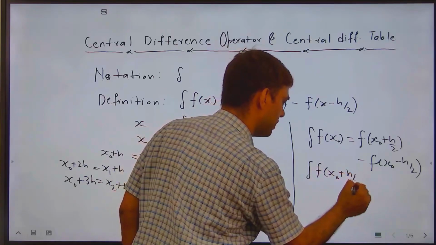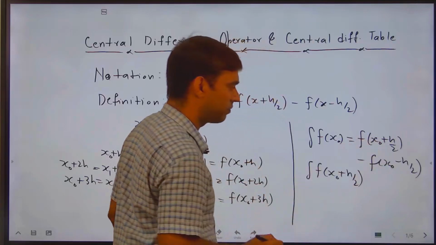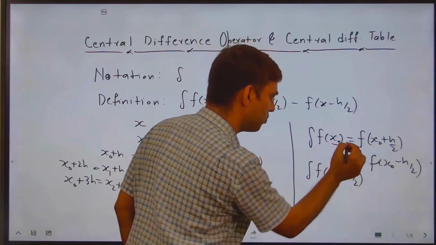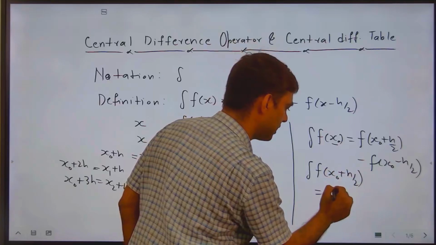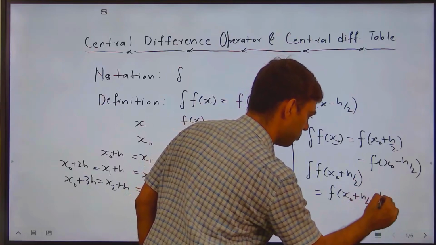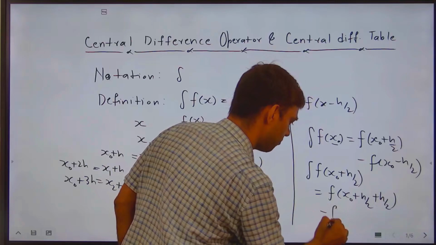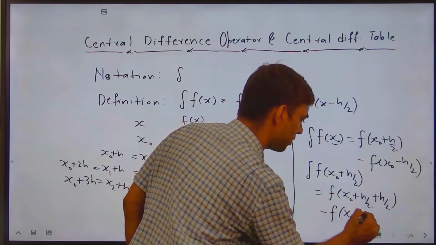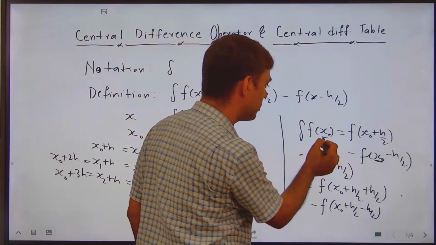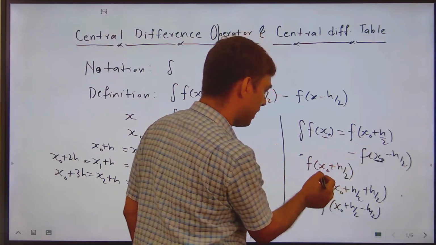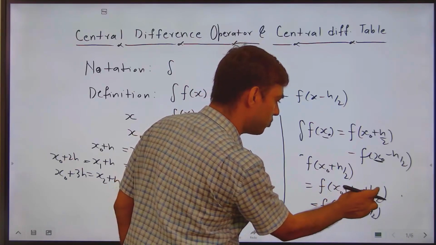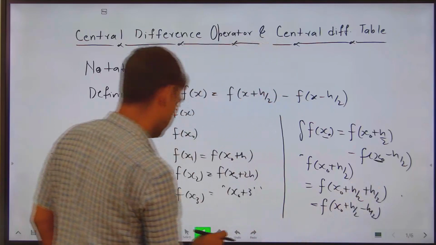On the right hand side this becomes f(x0 plus h by 2 plus h by 2) minus f(x0 plus h by 2 minus h by 2).